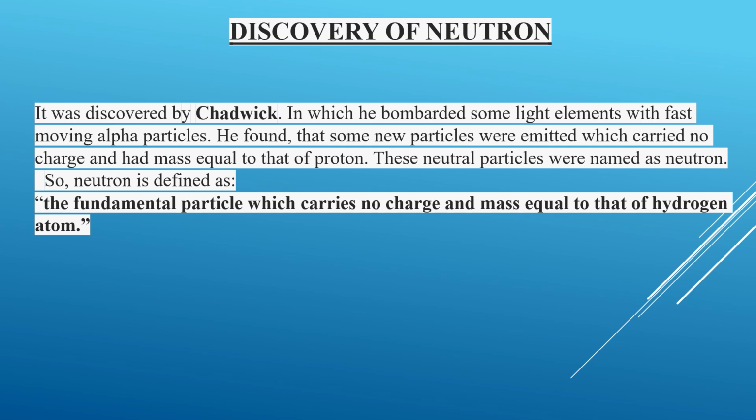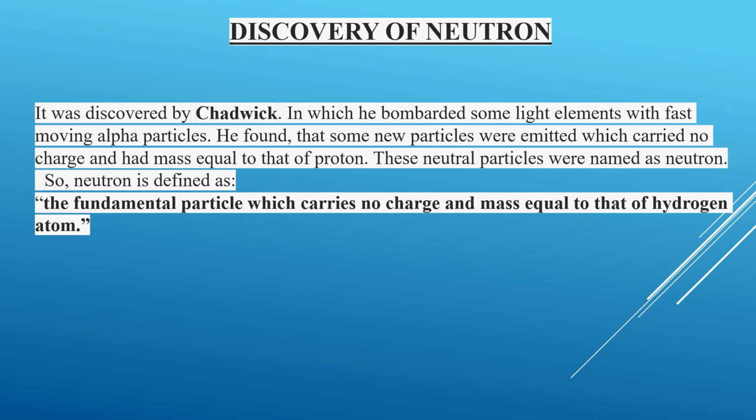The mass of an electron is 9.1 x 10^-31 kilograms. The mass of a proton is 1.67 x 10^-27 kilograms. And the mass of a neutron is also 1.67 x 10^-27 kilograms. Neutrons carry no charge.